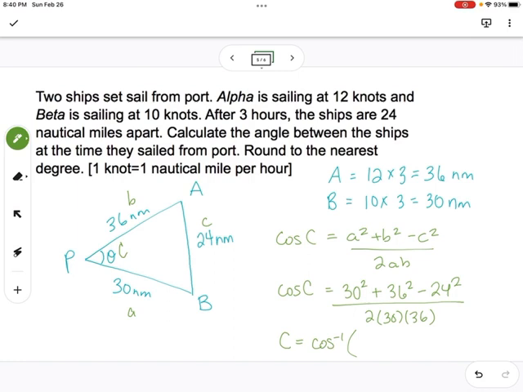And in the numerator, we're going to have 30 squared plus 36 squared minus 24 squared. We get 1,620. And in the denominator, we're going to have 2 times 30 times 36, which is 2,160.